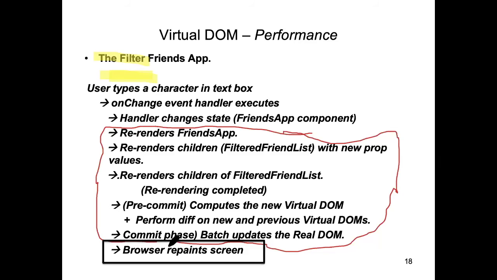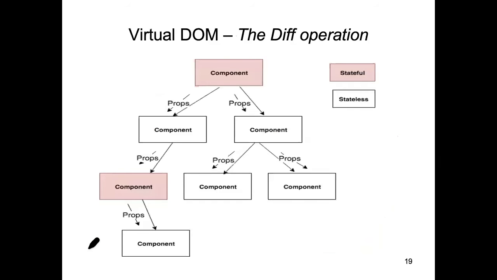The browser actually repainting the screen is the part that is most time consuming of all of this activity. This is minimal really in terms of how much CPU it consumes. But it still made React apps more performant than their competitors at the time. So that's this whole virtual DOM.